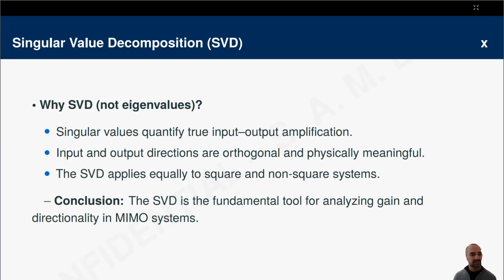The conclusion is that the SVD is the fundamental tool for analyzing gain and directionality in MIMO systems. If you remember one tool from this chapter, remember the SVD and what it does.